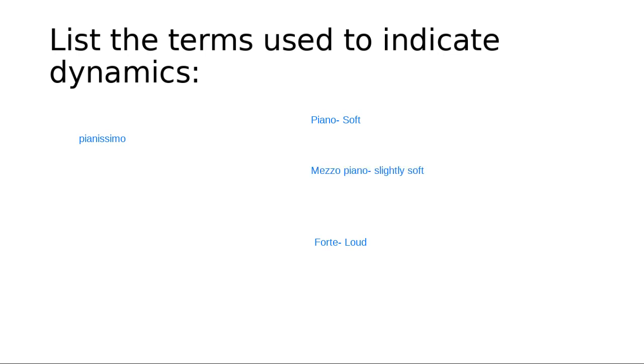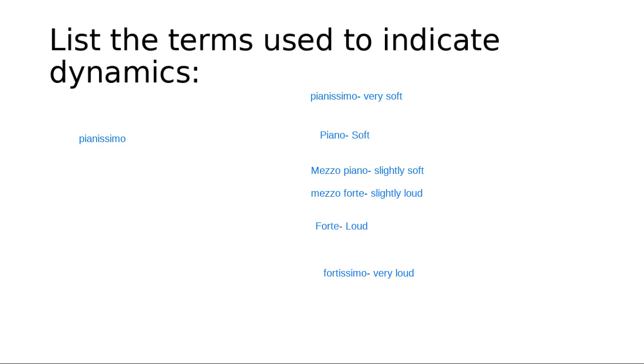Mezzo forte is slightly loud. Okay, good. Somebody said in the chat, fortissimo is very loud. Pianissimo is very soft. Okay, and those are kind of the basic ones that you really need to know that we're going to use regularly in this class.